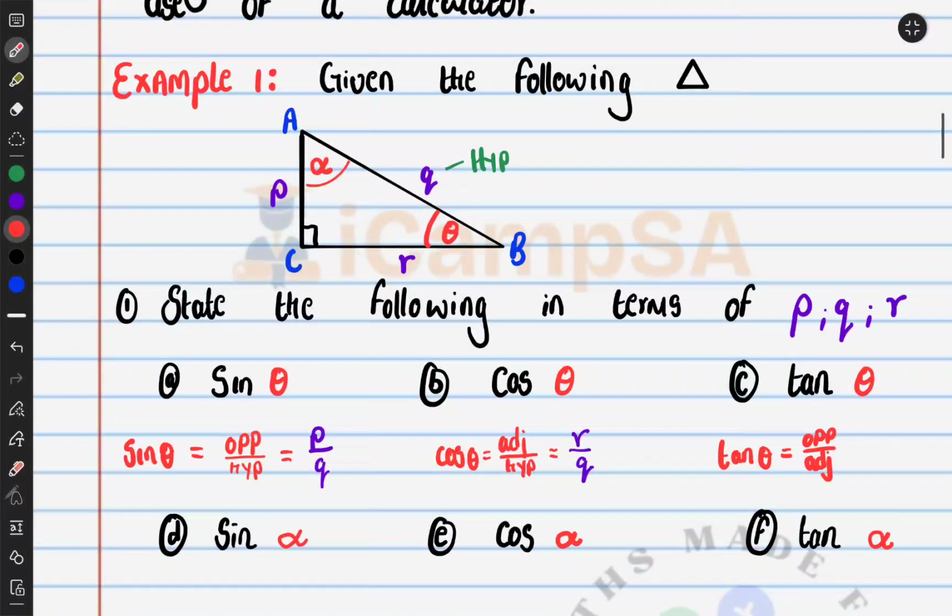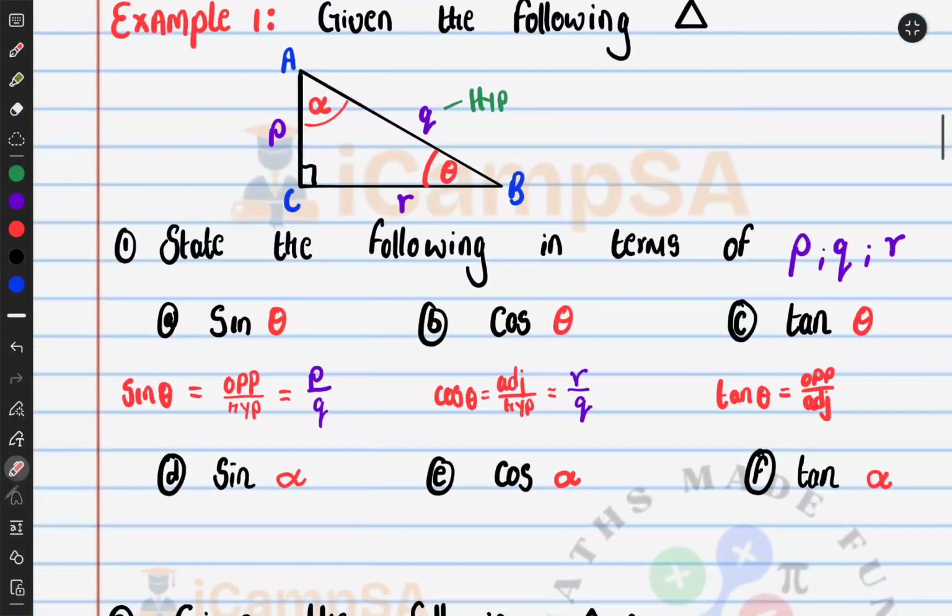What is the side opposite to theta in our sketch? The side opposite to theta is side P, and the side next to angle theta is side R. Therefore, this is going to be equal to P over R.